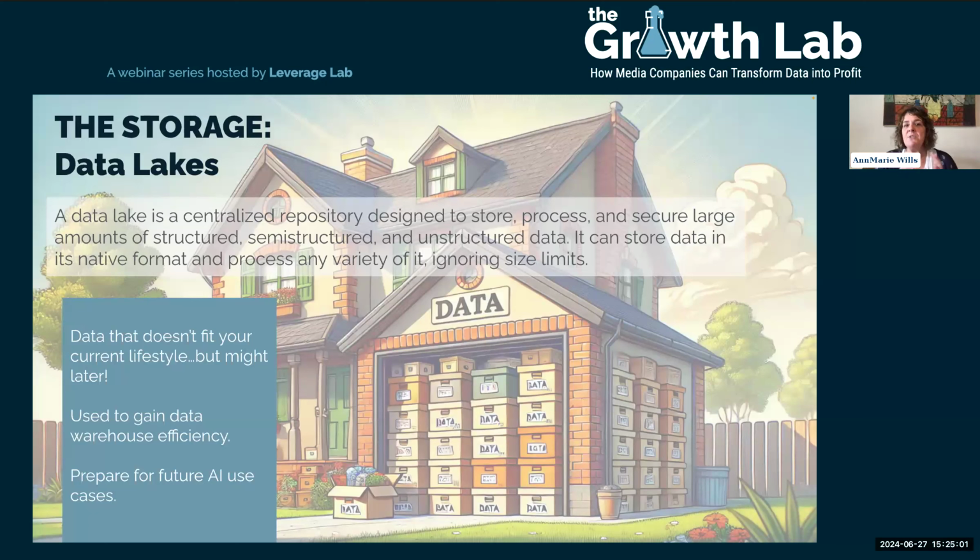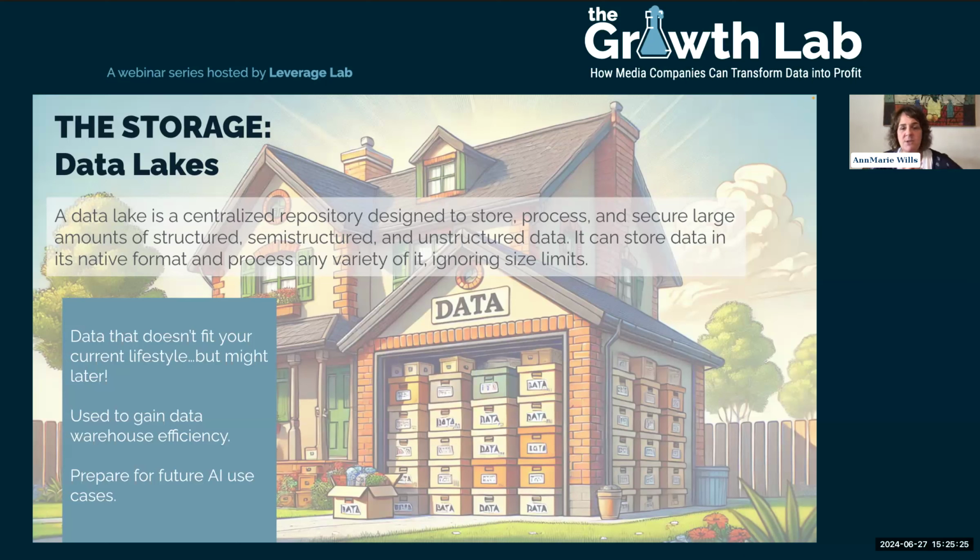It's really meant to store that data in its native format and process it in any way you need, so that it can be available to you for a future use case. So again, things that don't fit your lifestyle right now, but might later, would be a great use case for a data lake. You can also use a data lake to gain some data warehouse efficiency.